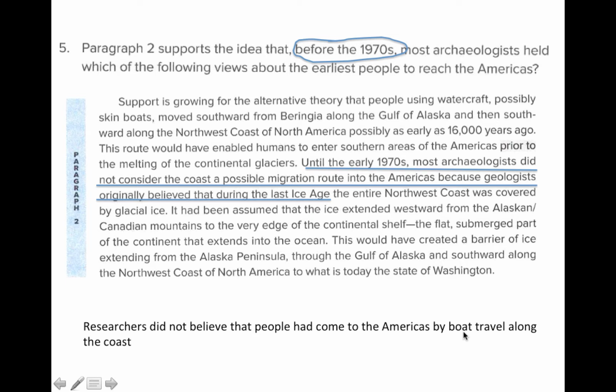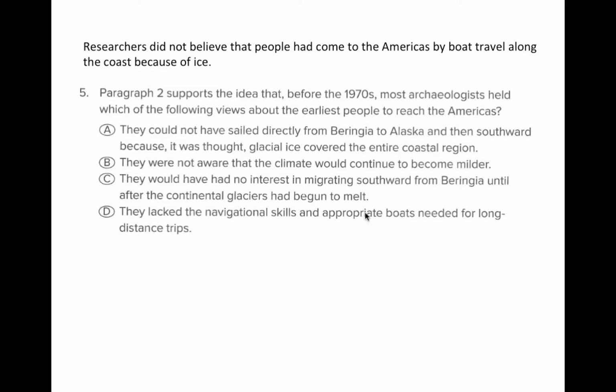So my answer choice needs to talk about that particular idea. Taking that summary statement back to the answer choices, which of these talk about travel by boats? The correct answer choice needs to talk about boat travel, and possibly because of ice.